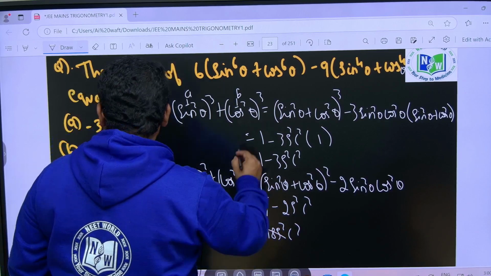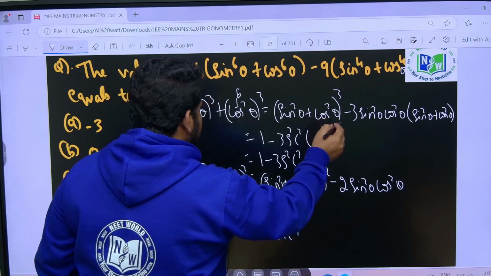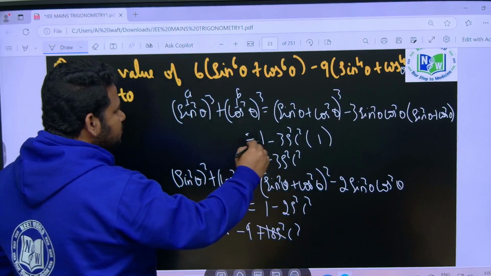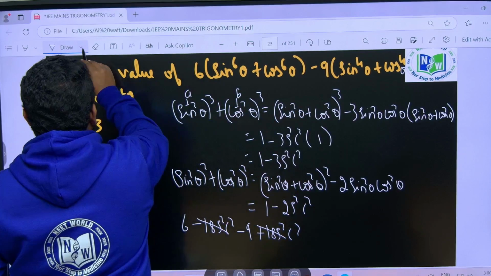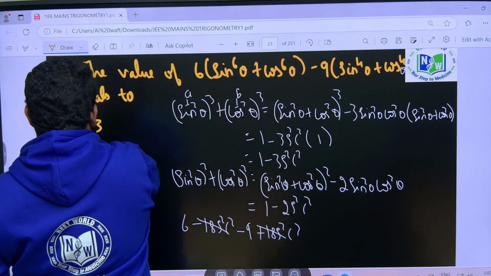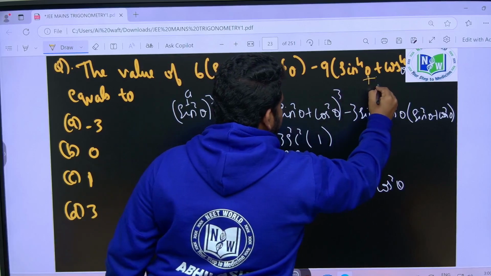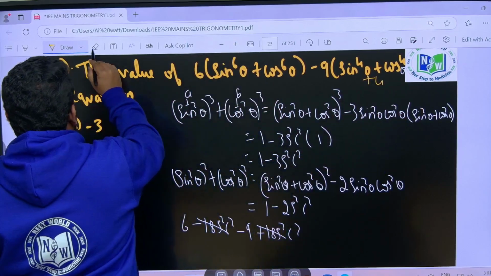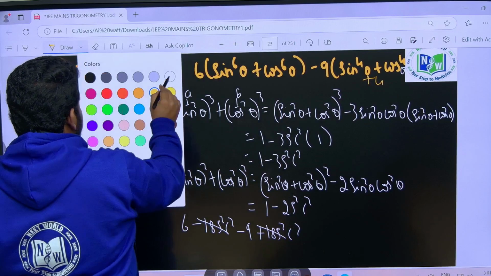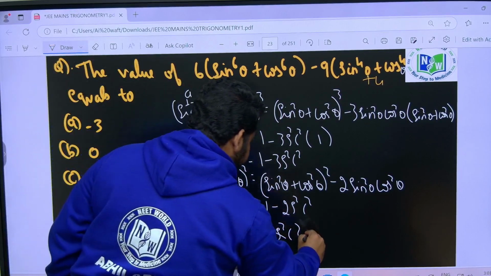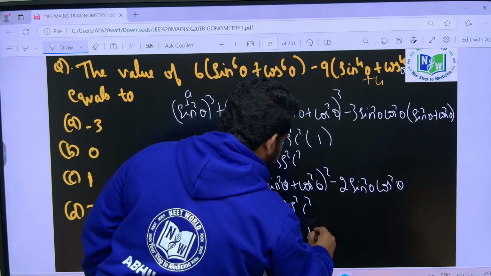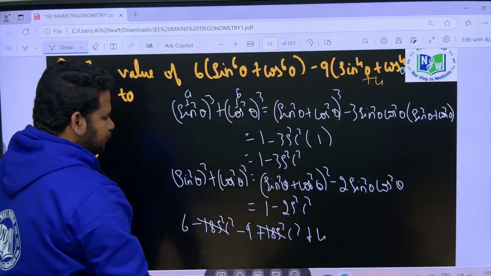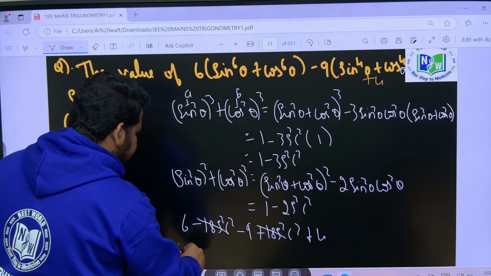In the question there is plus 4 is equal to how much? So 6 plus 4 is 10, 10 minus 9 is 1.